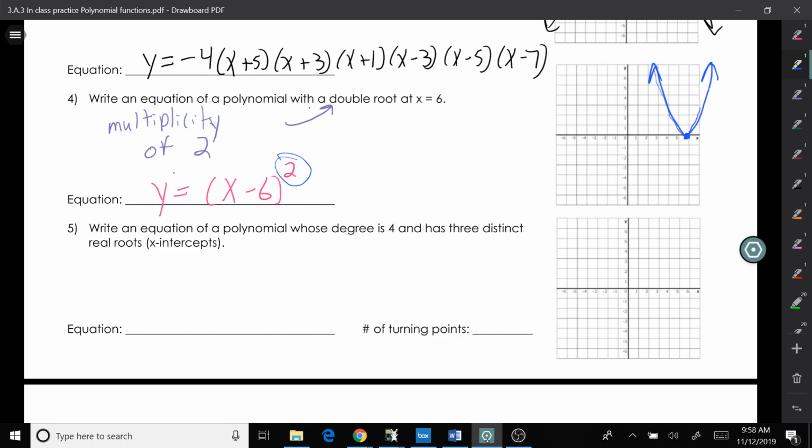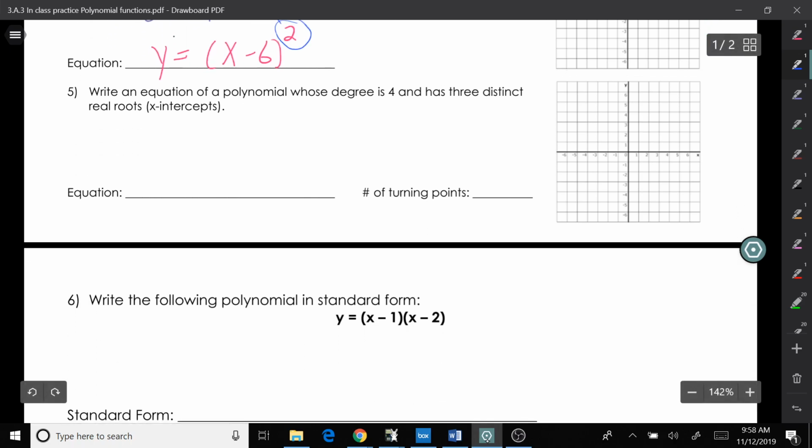Number 5, write an equation of a polynomial whose degree is 4 and has 3 distinct real roots, or x-intercepts. Remember, distinct means different. So I'm going to draw that part first. 3 distinct roots.